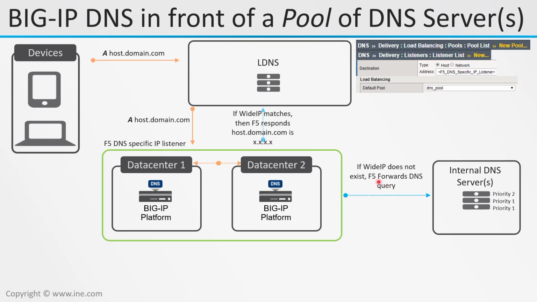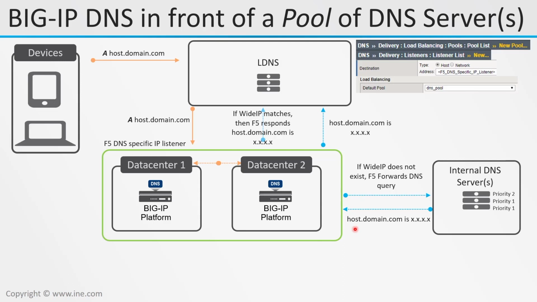What's different is that you'll use address translation so that the request is routed back to the F5 DNS, where it handles everything. It's not able to just bypass it like it did previously. So we'll use address translation so it's routed back to the F5 DNS with the proper IP.